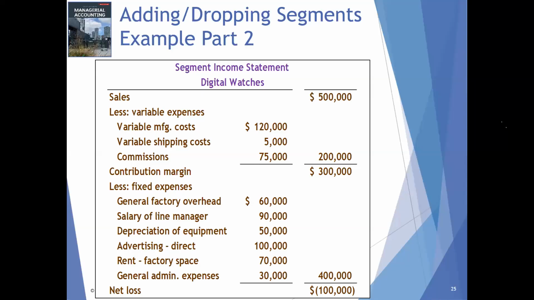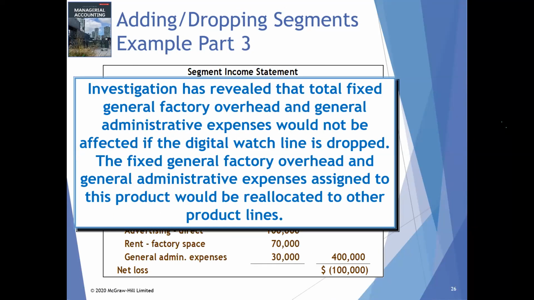One more thing you find by doing some investigation is that the total fixed general factory overhead and general administrative expenses would not be affected if the digital watches line is dropped. This is very important information.